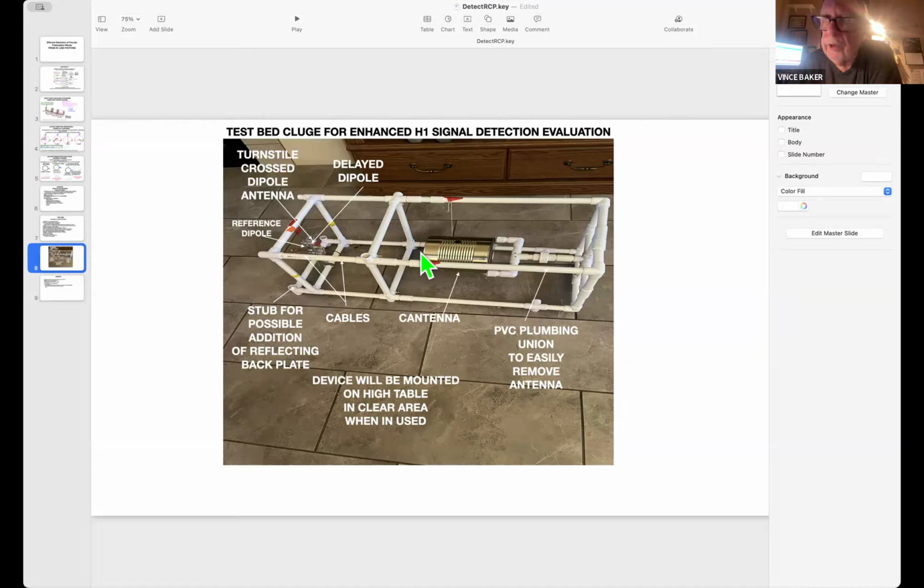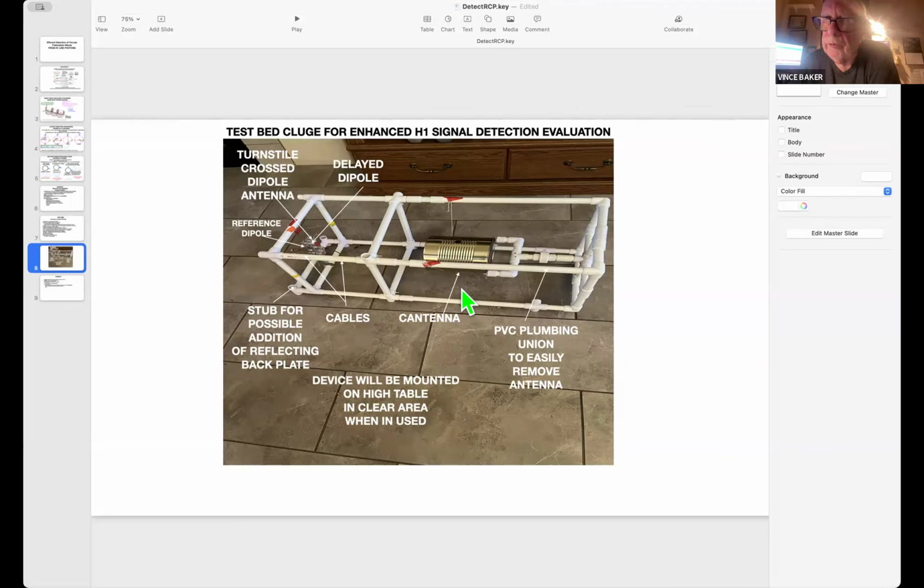Now, if I put the funnel here, I'll get even more. And down the road, I have even more ideas. One is to put a pair of these, and maybe even four of them, and be able to track the hotspot in an H1 cloud. That's sort of what I have in mind. Whether that's going to work, am I making myself clear?